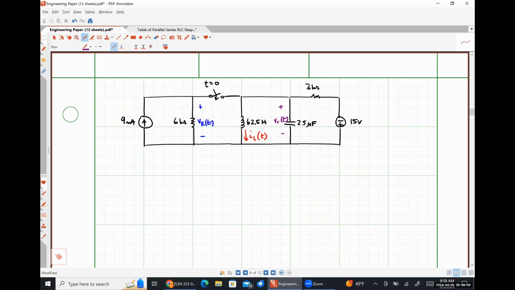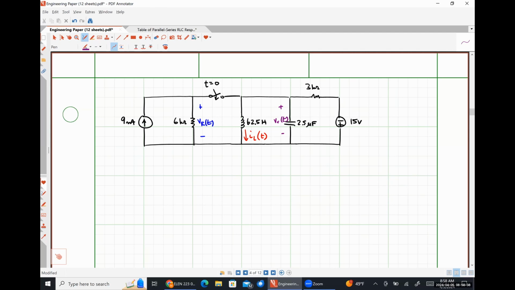Or we could solve for the inductor current first and then effectively just use the relationship that since the inductor voltage is the same thing as the capacitor voltage, once we know all of the coefficients for the inductor, we are done. So that's the route that I'm going to take here. I'm always going to try to choose the most efficient route, even though there are usually 5 or 6 different ways that we could get the result I'm looking for.